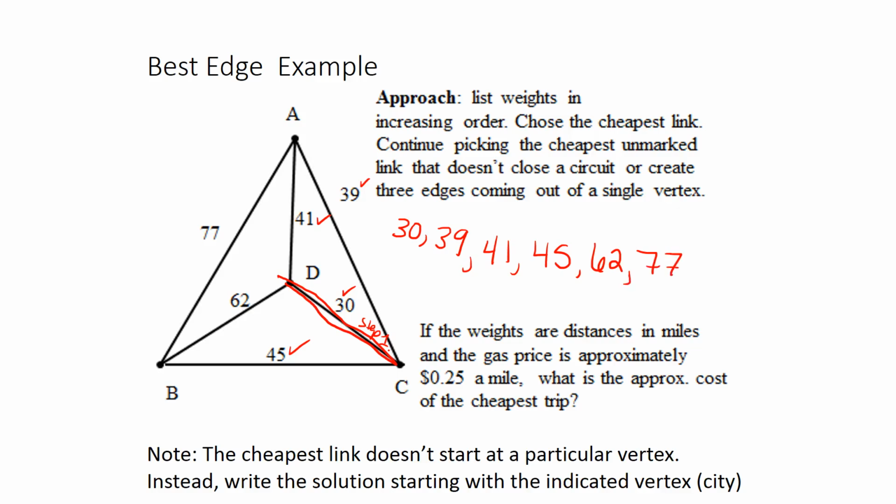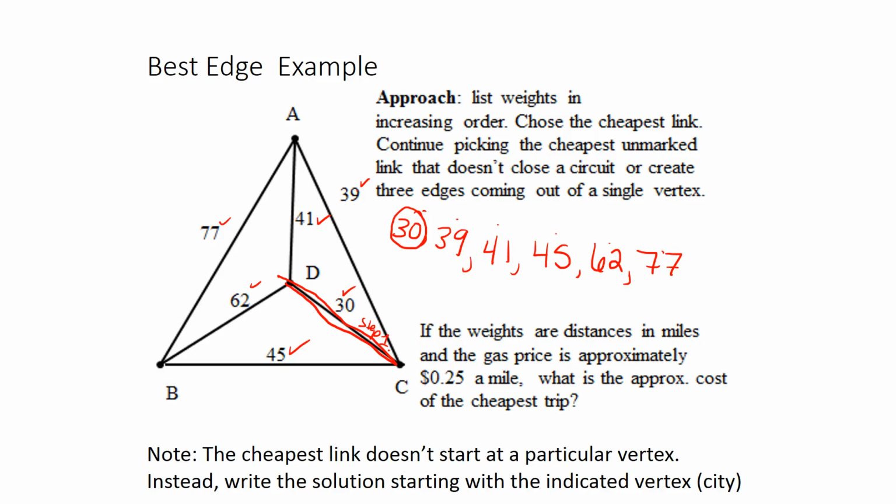Put them in order and then just count again, 1, 2, 3, 4, 5, 6, 1, 2, 3, 4, 5, 6, and make sure that you have the same number. That's also a good approach. Okay, so we're going to highlight the 30. The advantage to writing them out is then you can circle the ones that you're going to use and then you can add them up at the end.